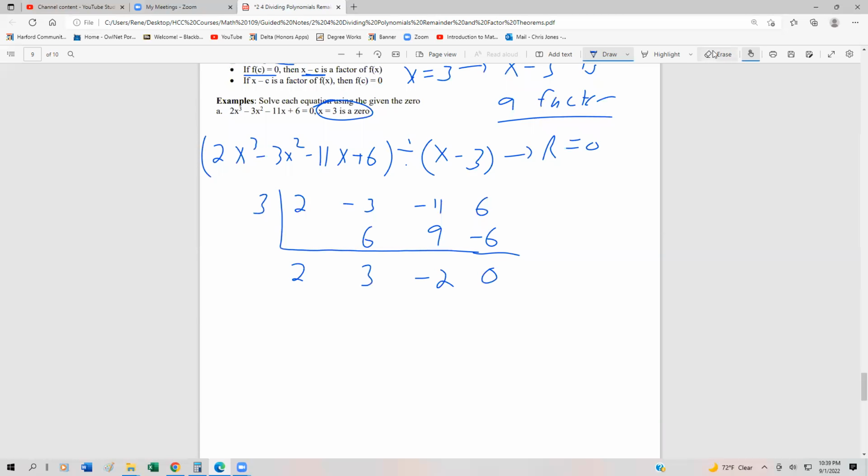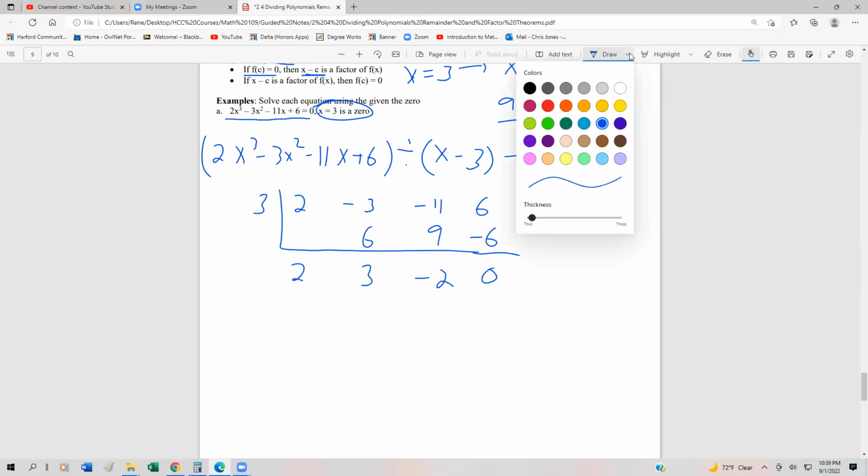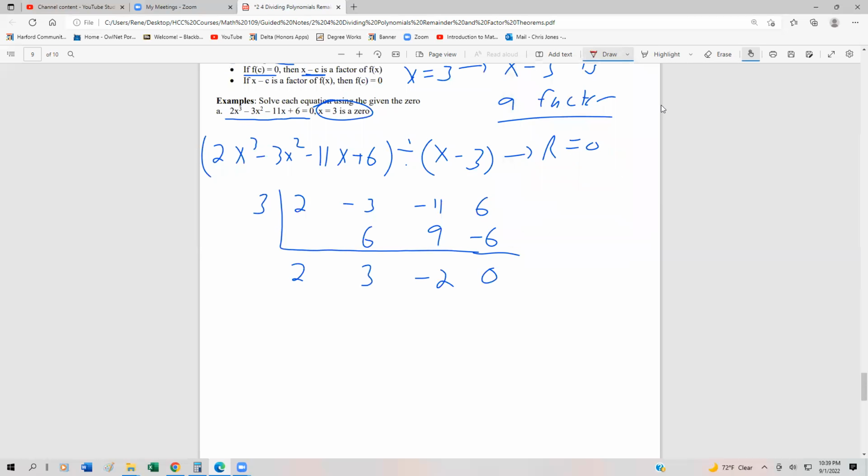So what this means is that we can rewrite this equation at this point, okay? Now let's go ahead and turn this into a polynomial. Remember, 2 is going to be the constant, 0 is the remainder, which doesn't matter. 3 is going to be the coefficient of x. 2 is going to be the coefficient of x squared.